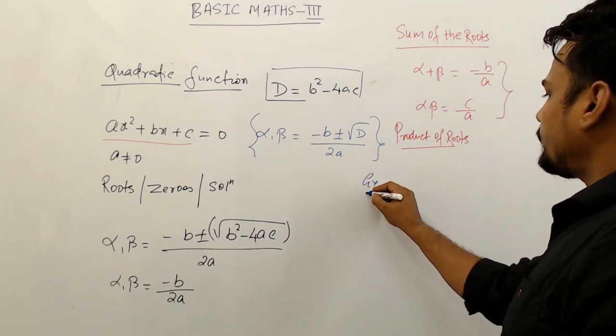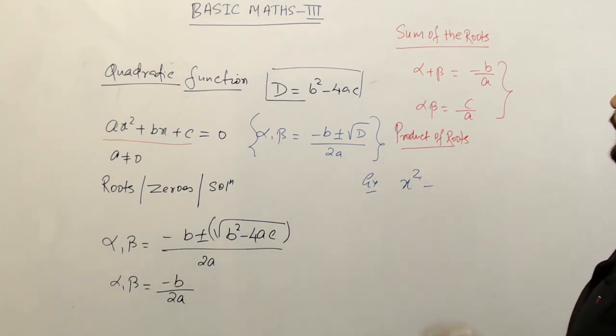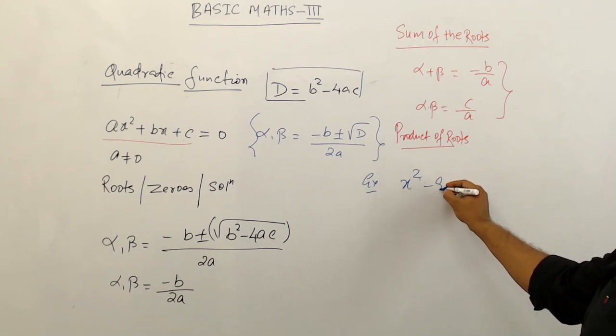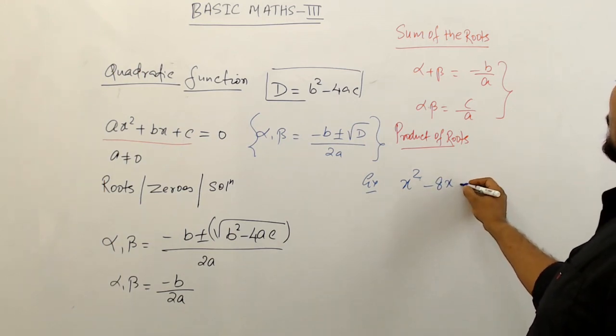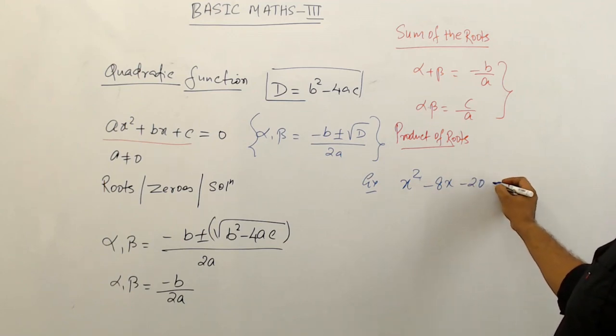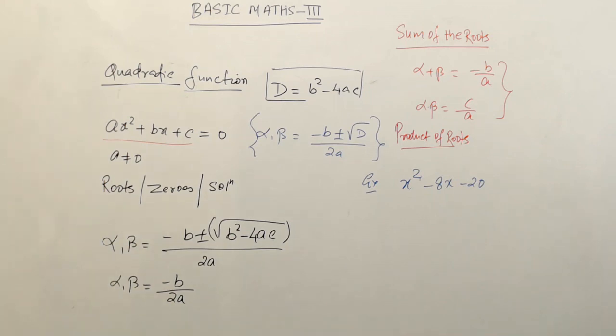Let's say, example, if I have x square, probably x square minus, maybe I can say 8x, and I might write negative 20. I want to split the middle term. What exactly do we do? We take the factors of this number 20.